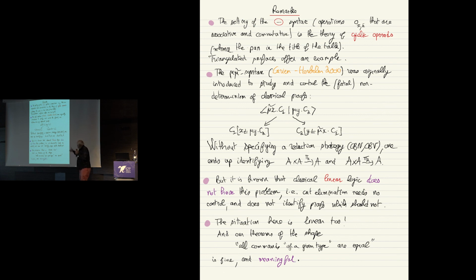Okay? And in the classical setting, what was very, very wrong with classical cut elimination was that in the end we were equating all proofs. And this was not good, because we were also equating first and second projections. So we were exactly saying that everything was not proof relevant. In linear logic, we don't have this.